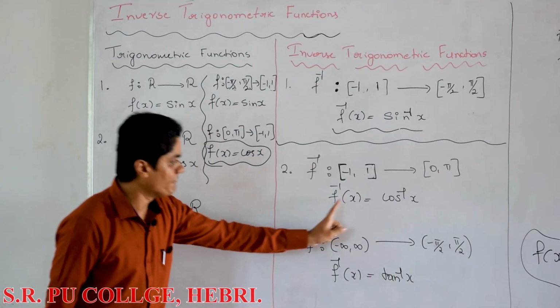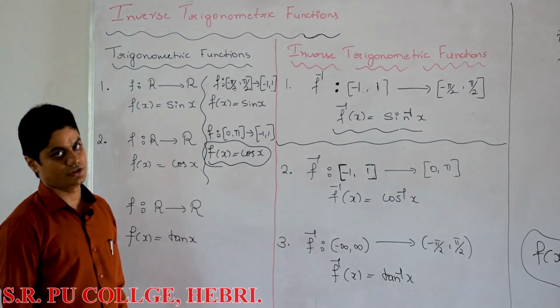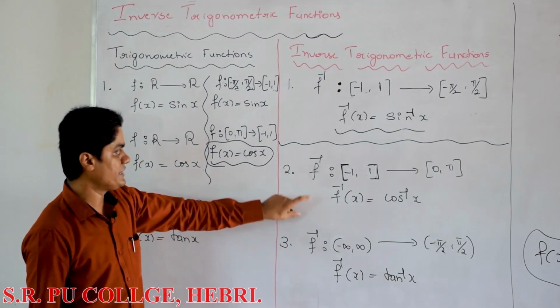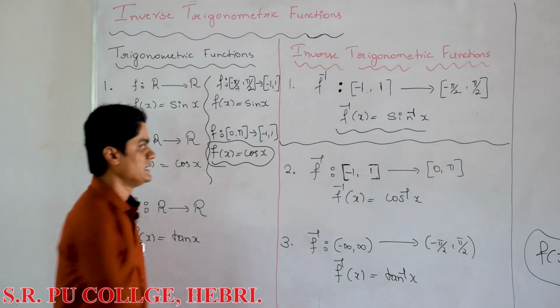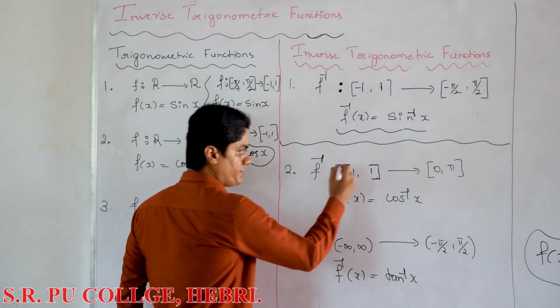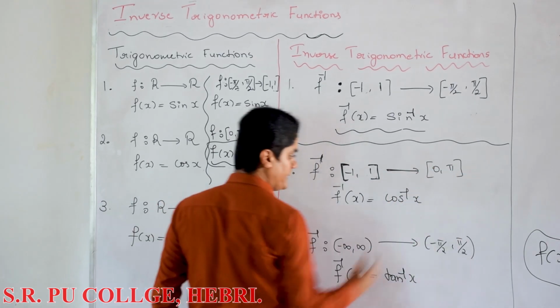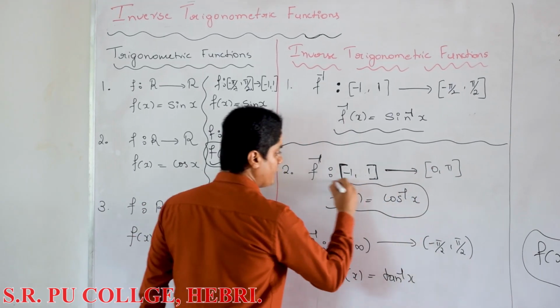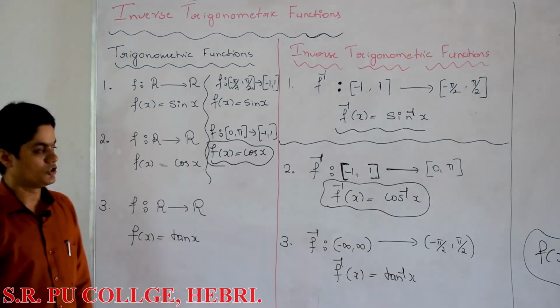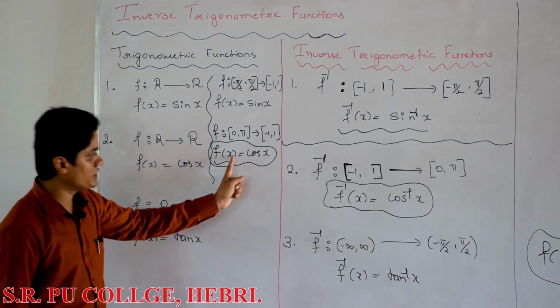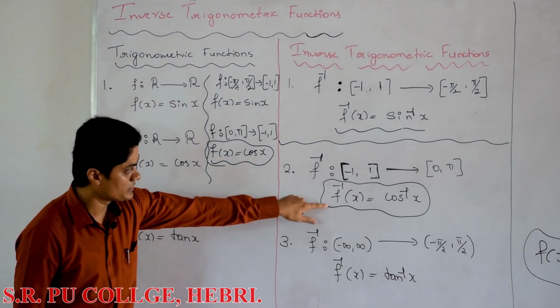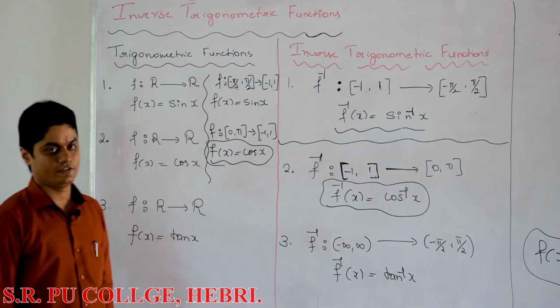How to define? f inverse of x is equal to cos inverse of x. So the definition of cos inverse of x is as follows. It's a function f inverse from minus 1 to plus 1 to 0 to pi defined by f inverse of x equal to cos inverse of x. With this bijective function, the inverse cos inverse x is defined.